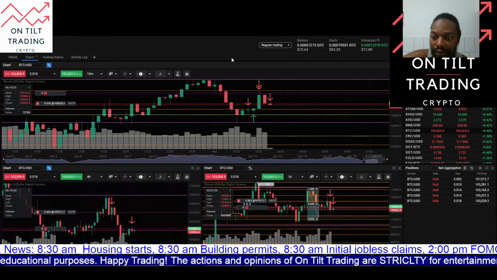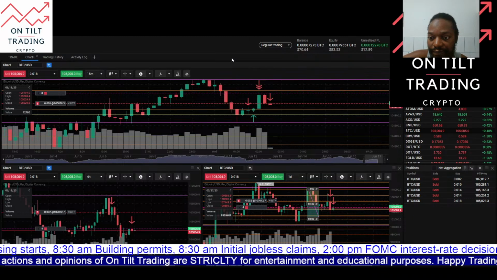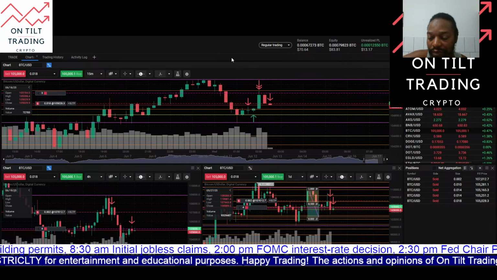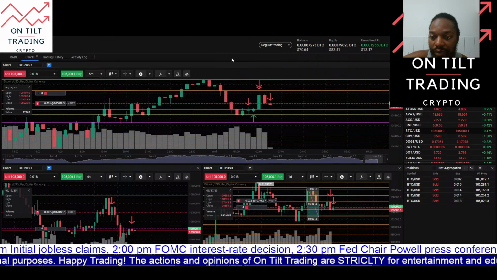Price going to test the low of this candle at the 105 level. A new low has been put in, and price is holding at the 105 level.